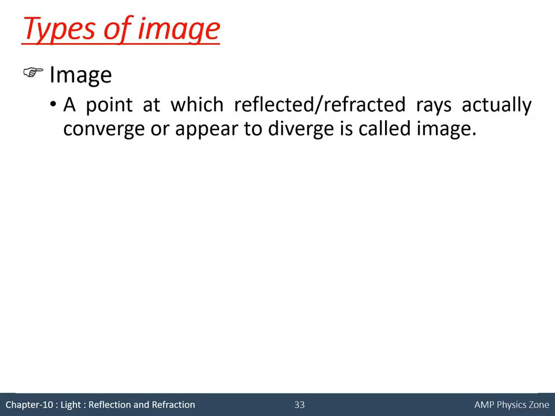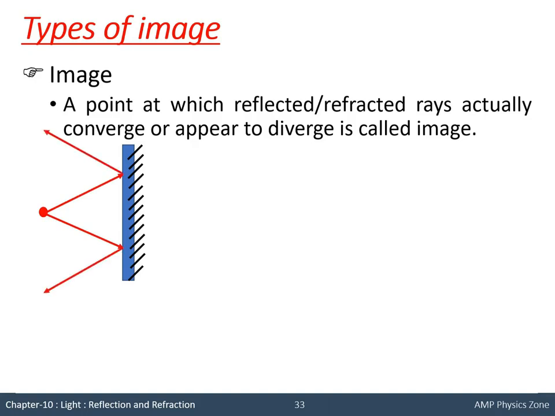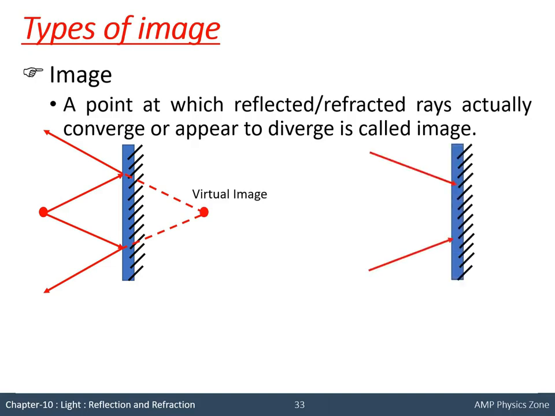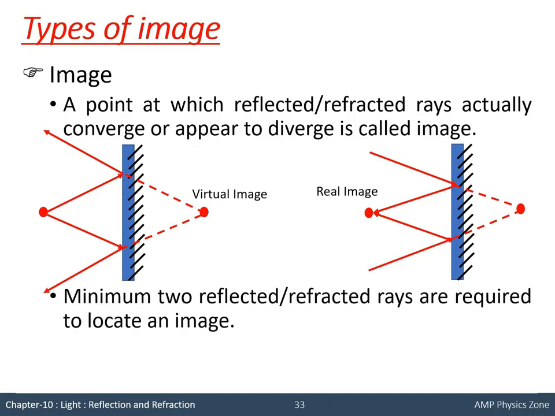In the same way, an image is a point at which reflected rays actually converge or appear to diverge. So this is the object, and this is the reflection. If you extend it back, they appear to diverge, so this is a virtual image. Here these are the rays, this is the object, and after reflection they are really meeting. They are actually converging, so this image is a real image. A minimum of 2 refracted rays are required to locate an image.